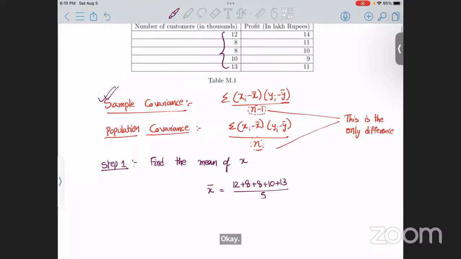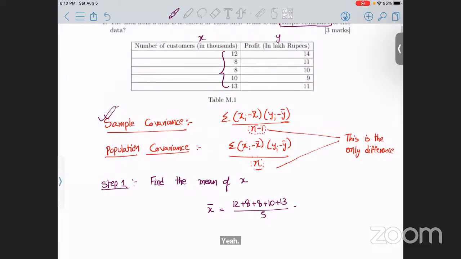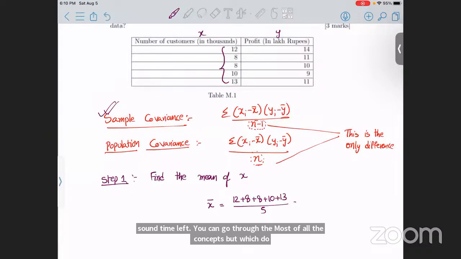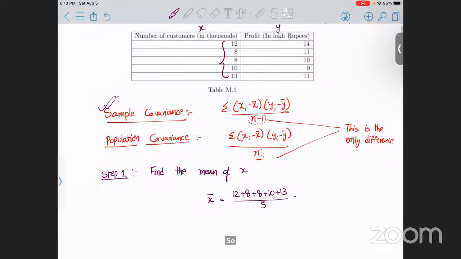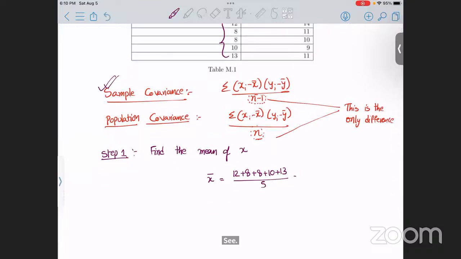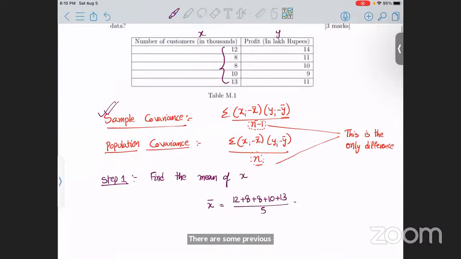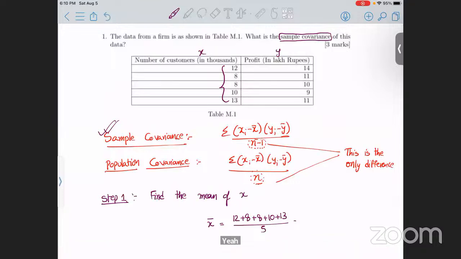Can we ask practice assignment doubts? After solving all this, if there is still some time left, you can go through that. Most probably all the concepts for quiz 2 are covered in these 15 questions, so you can easily get through this. Are these previous year questions? There are some previous year questions, but not all. These are questions prepared by us. Some are new and some are previous year questions.